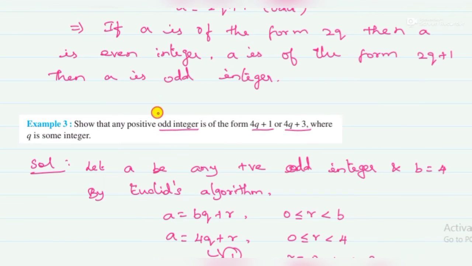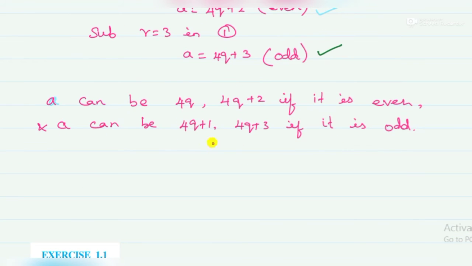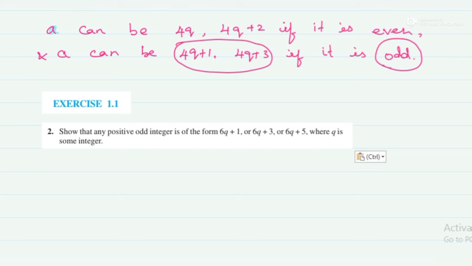So as per the question, we have shown that every positive odd integer is of the form 4q plus 1 and 4q plus 3.